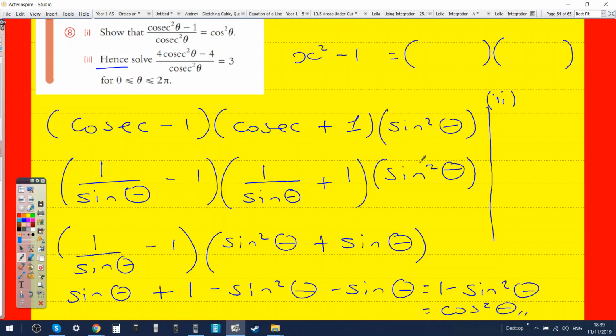So we'd use what we found, cos squared theta, but I'm not absolutely sure. So that whole thing is the same as cos squared theta. Right, yeah. Spot the difference between the top and the bottom? Well, one has 4 cosec squared theta minus 4, and cos squared theta is equal to 3. Would you write something like cos squared theta equals 3? It's something a lot like that.